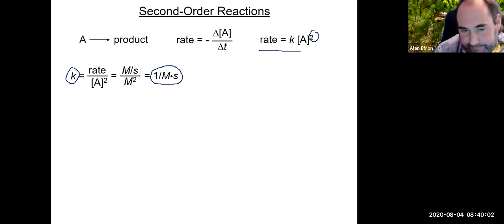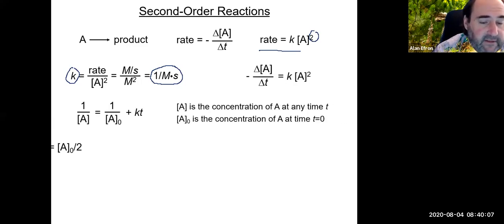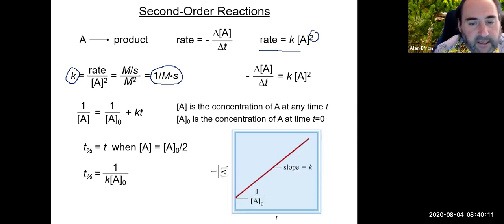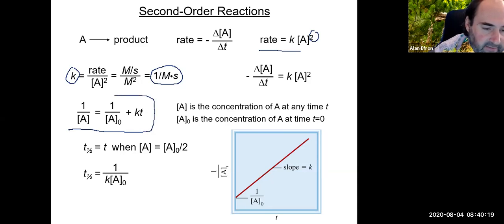And if you see those units associated with a K value that's given to you, you know that it is a second order reaction. And with that, it has its own set of time and concentration dependencies in terms of an equation.